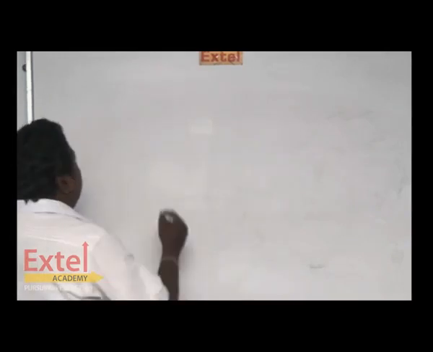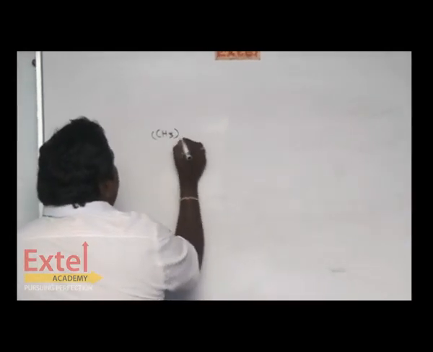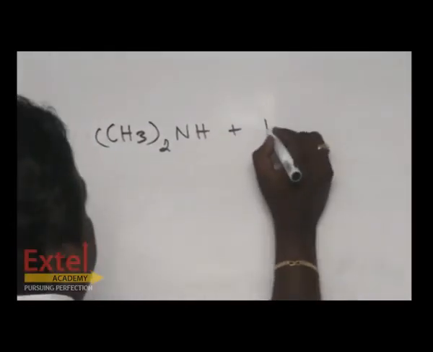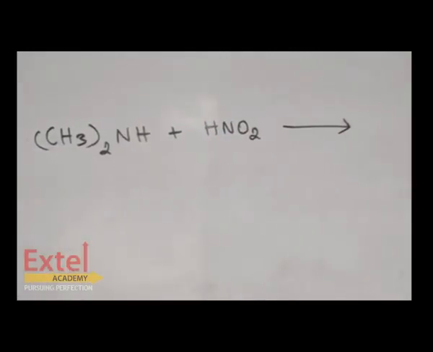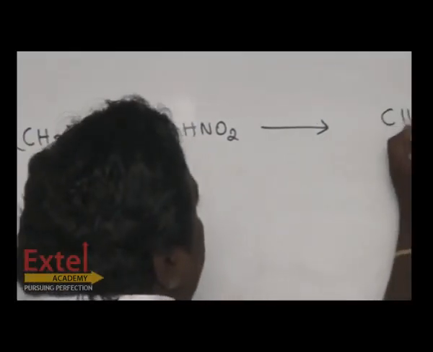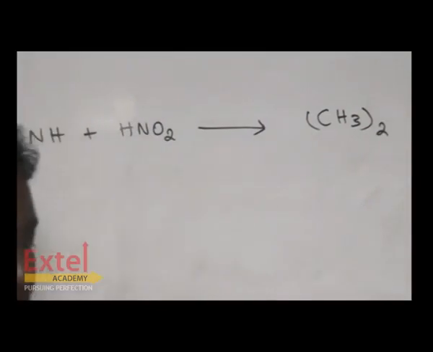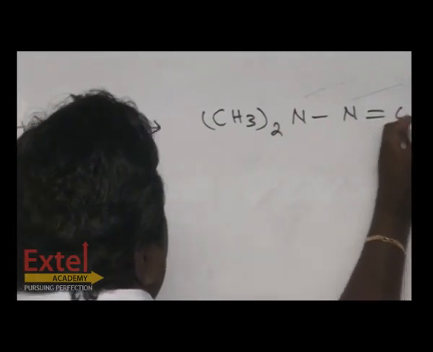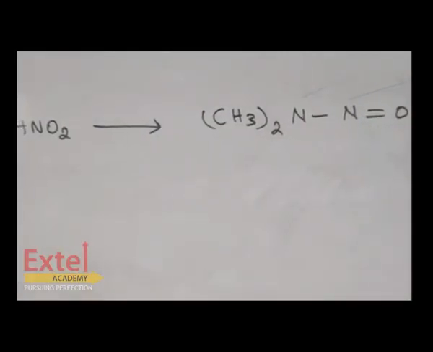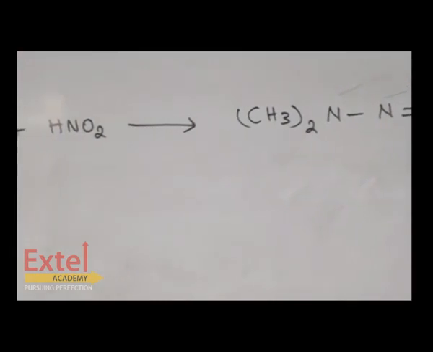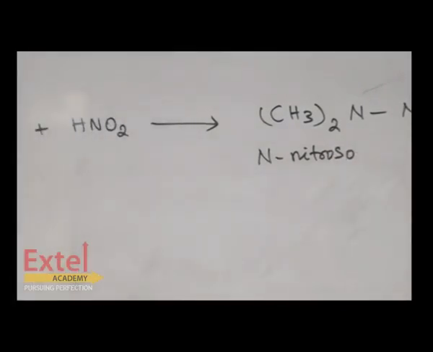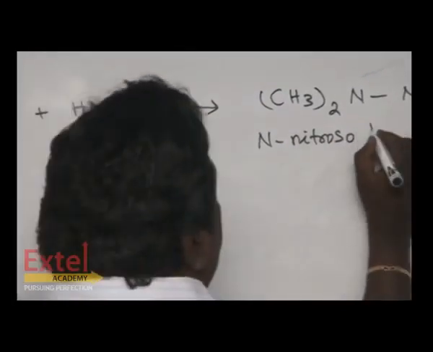Now let's see how nitrous acid affects secondary amine. This is the secondary amine. Suppose it is treated with HNO2, nitrous acid. While treated with nitrous acid, you are getting a compound like this, CH3 twice, N, single bond N, double bond O. It is called N-nitroso dimethylamine.